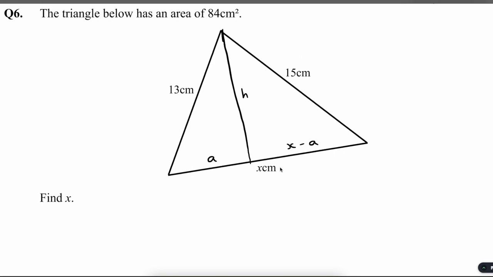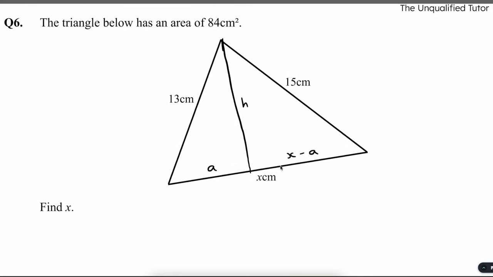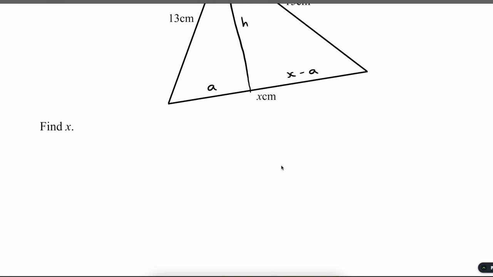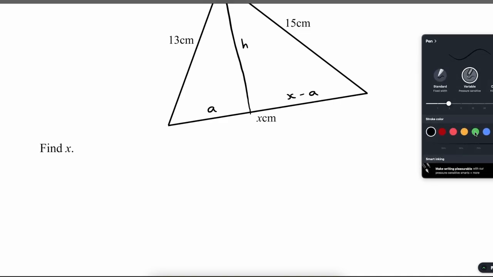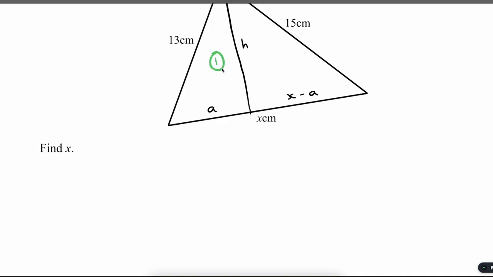So obviously, to find the area, we're going to do half base times height, right? So we know the area is 84 centimeters. So for the first triangle here, this triangle on the left, we'll call this triangle 1. Let's use a few colours just to make it nicer. So this is triangle 1.